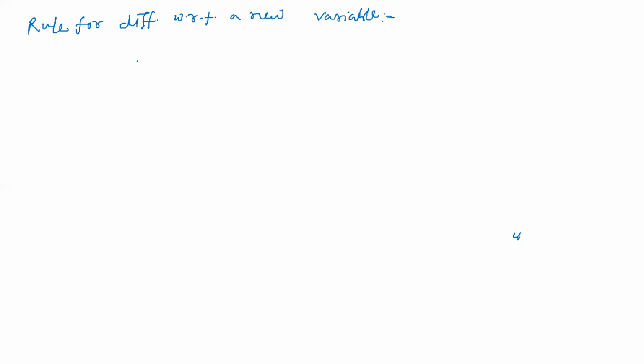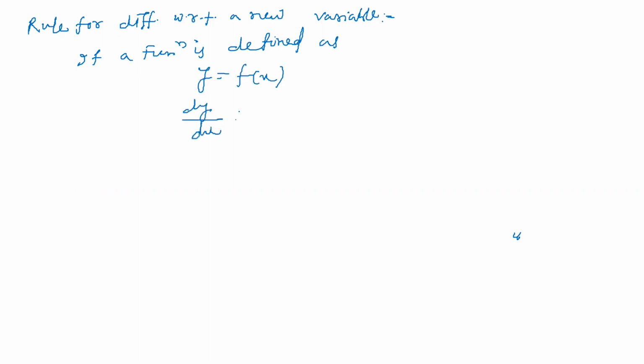Okay, students. If a function is defined as y is equal to f of x, then you know dy by dx is equal to d by dx of f of x. That is nothing but f dash x, the derivative.